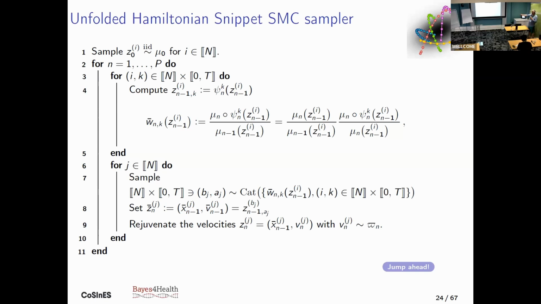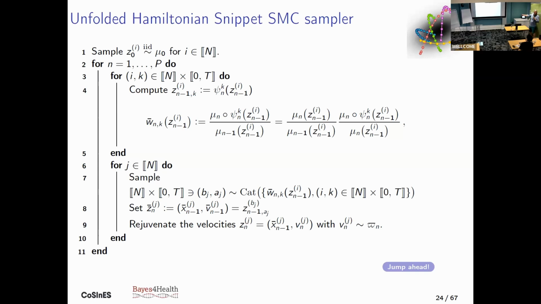And you consider this ratio between mu n minus 1 and mu n. So you can rewrite things in this way. You see that here you've got a term that takes into account the fact that you're changing distribution, okay? You're going from samples that were distributed according to mu n minus 1 to samples distributed according to mu n. And here, you take into account the perturbation.